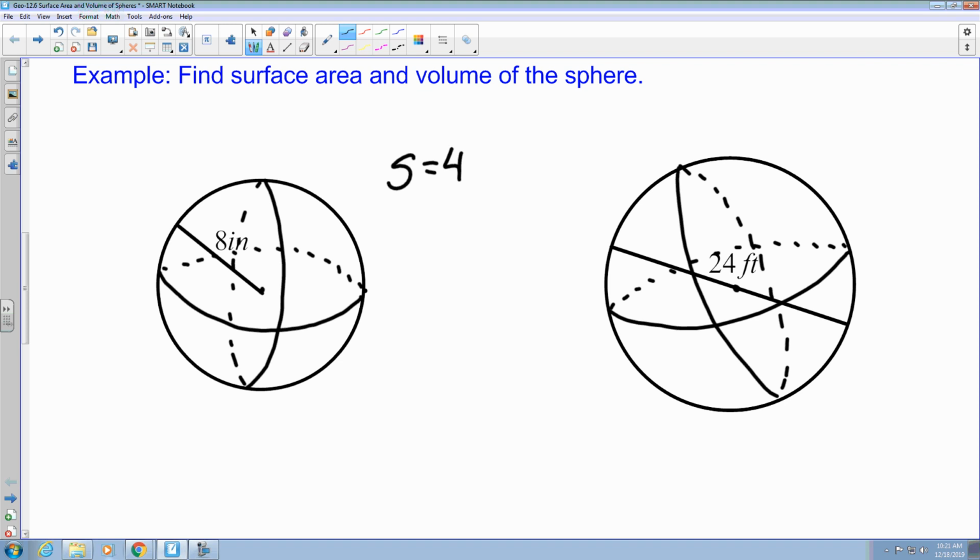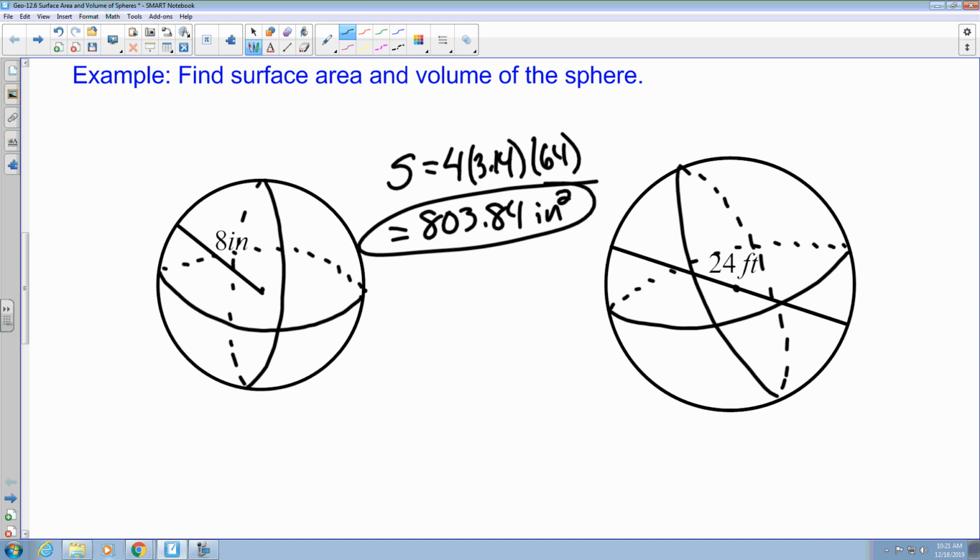So it's 4 times pi, which I'll just use 3.14 to give me the approximation, times 8 squared, which is 64. So I got 64 times 3.14 times 4 gets us a surface area of 803.84, and then this is square inches.